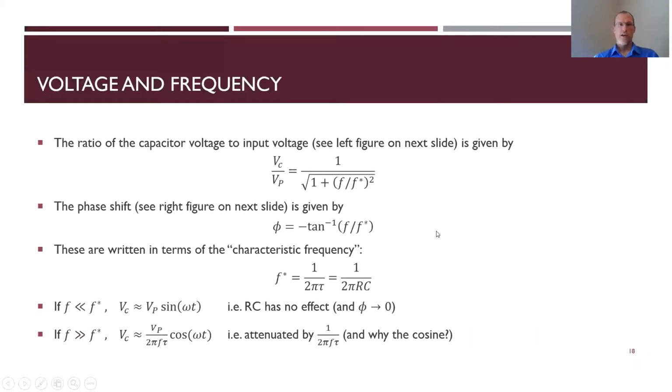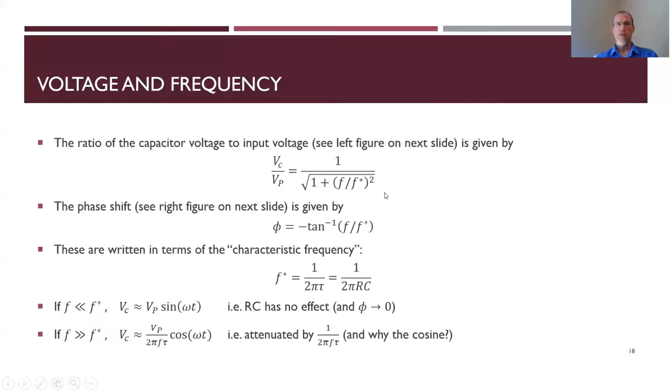So if we look at this, we can define what's called the characteristic frequency, f star. f star is 1 over the time constant, or 1 over 2 pi RC. And then we can look at the comparison of the amplitude of the two voltages, so VC divided by VP.